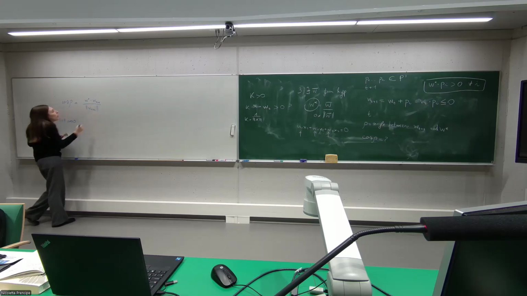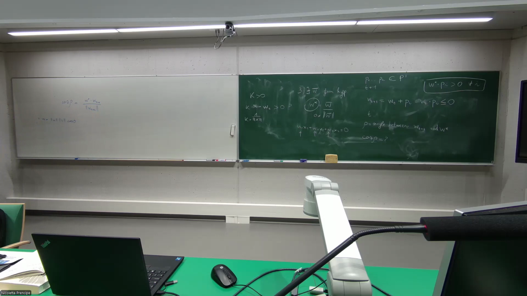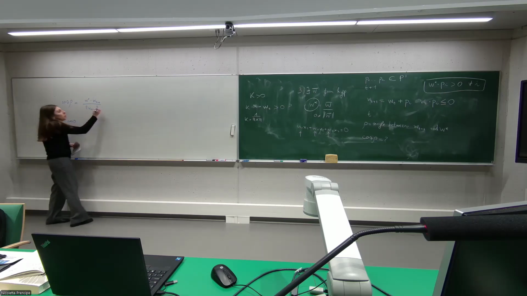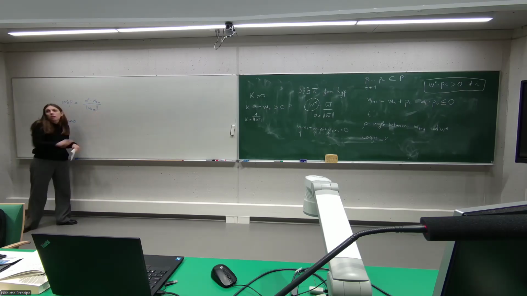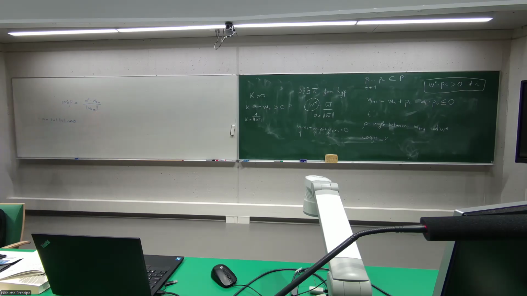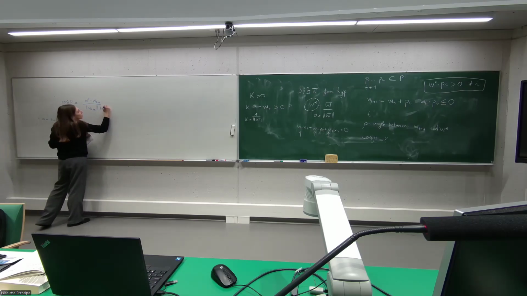Can someone tell me why I'm not dividing by something else? Why am I just doing this? Shouldn't it be here another norm? Shouldn't it be here the norm of W star?